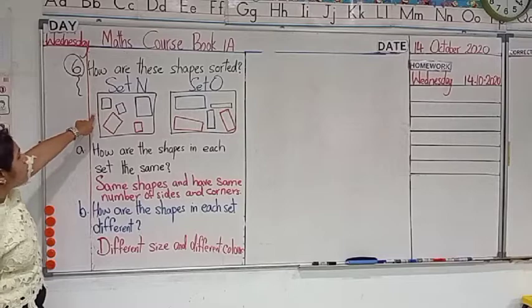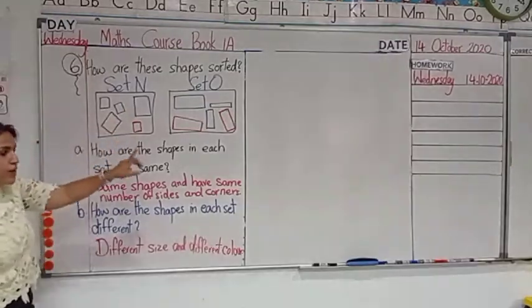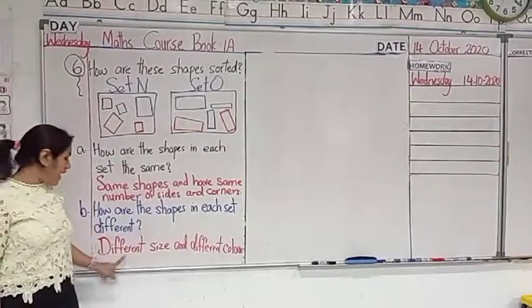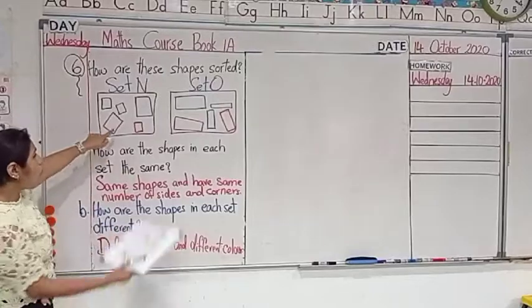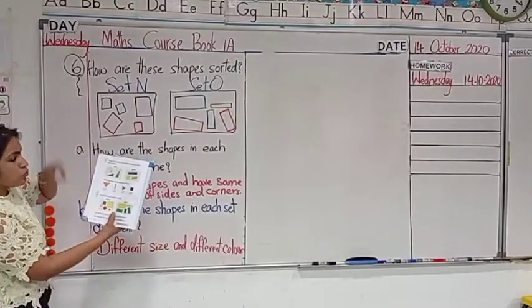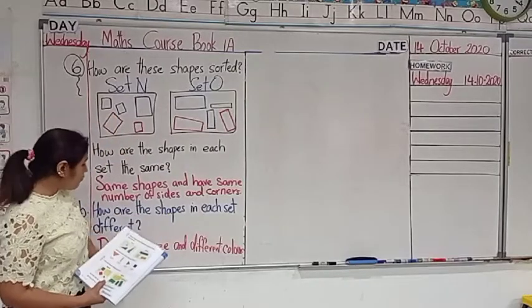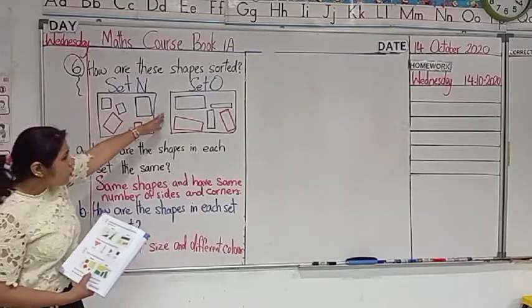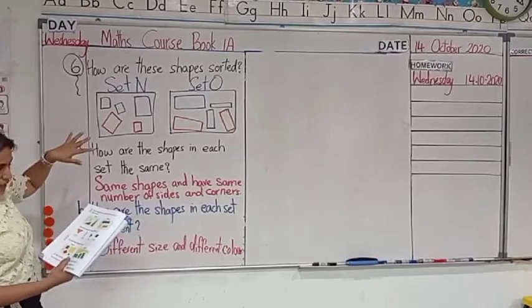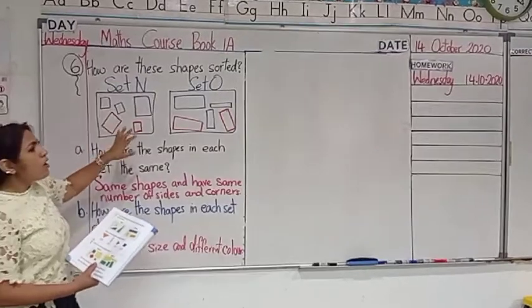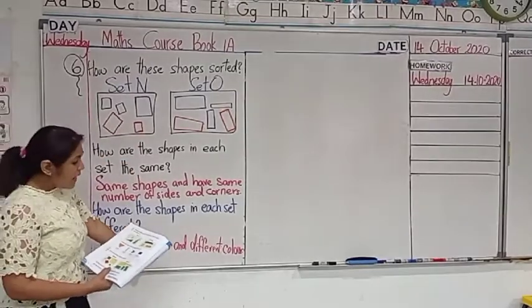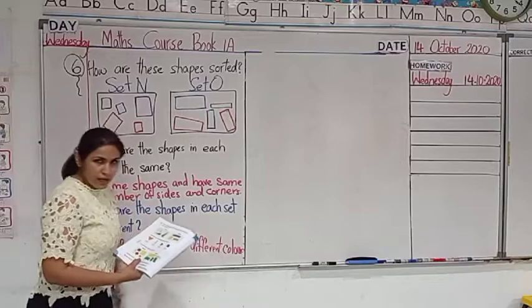Though in set N you have all squares, all squares do not have the same size. They have different sizes and all do not have the same color. 2 are yellow, 2 are red, and 1 is purple. The same way in set O there are 5 rectangles, but all are of different size and different color.